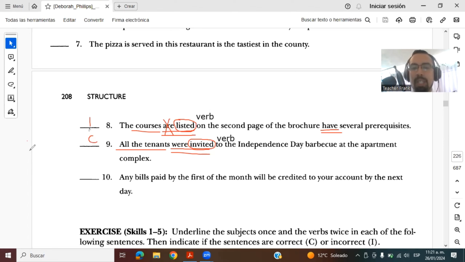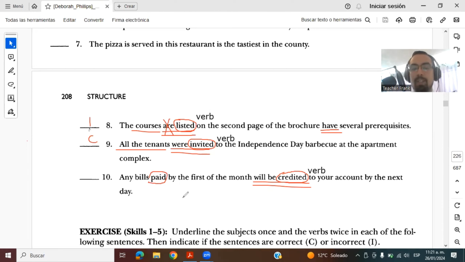And let's look at number 10. Any bills paid by the first of the month will be credited to your account by the next day. So we have here will be credited as part of a verb structure. Credited is a past participle, and since before it there's a variation of the verb be, it is a verb. And there is another past participle, sorry, which is paid.